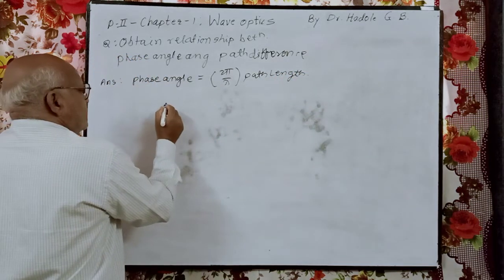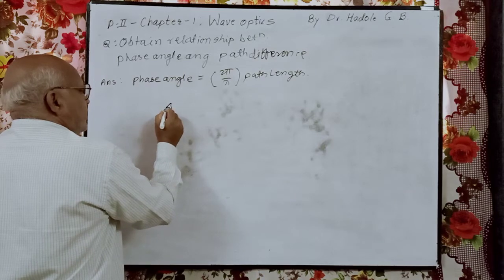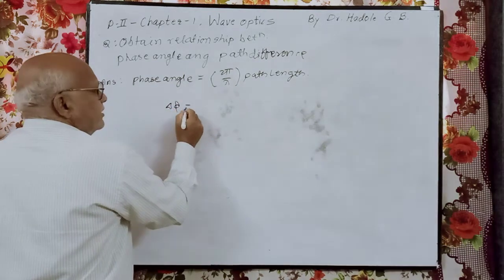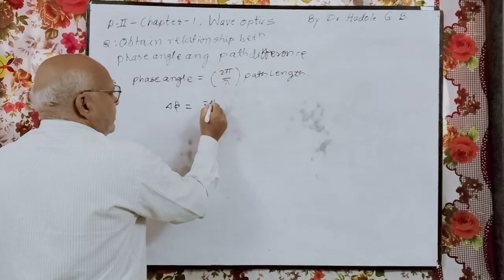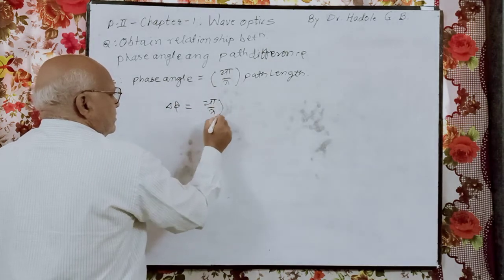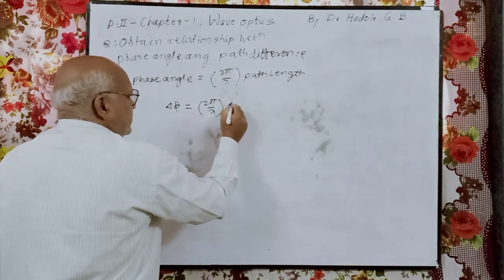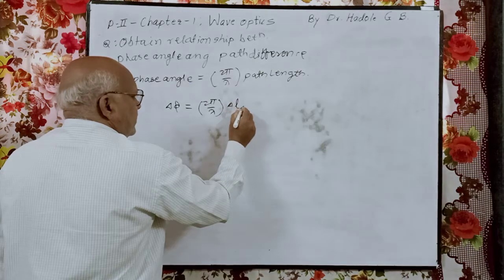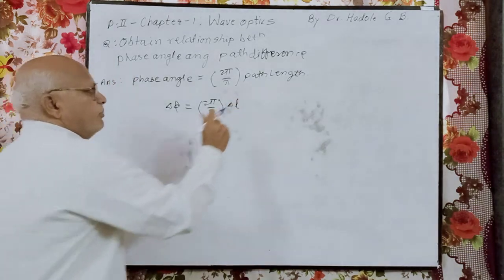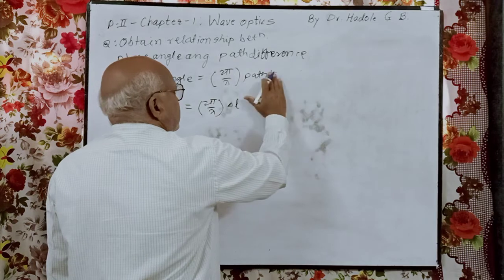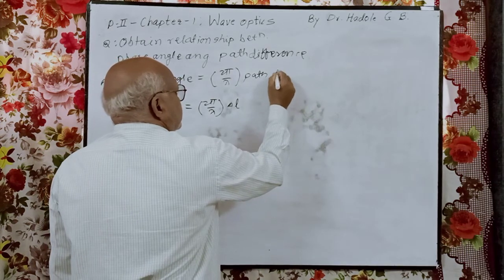Now suppose that the phase angle is delta phi, that is equal to 2 pi by lambda into path length, delta L, or path difference. Here I will take path difference.